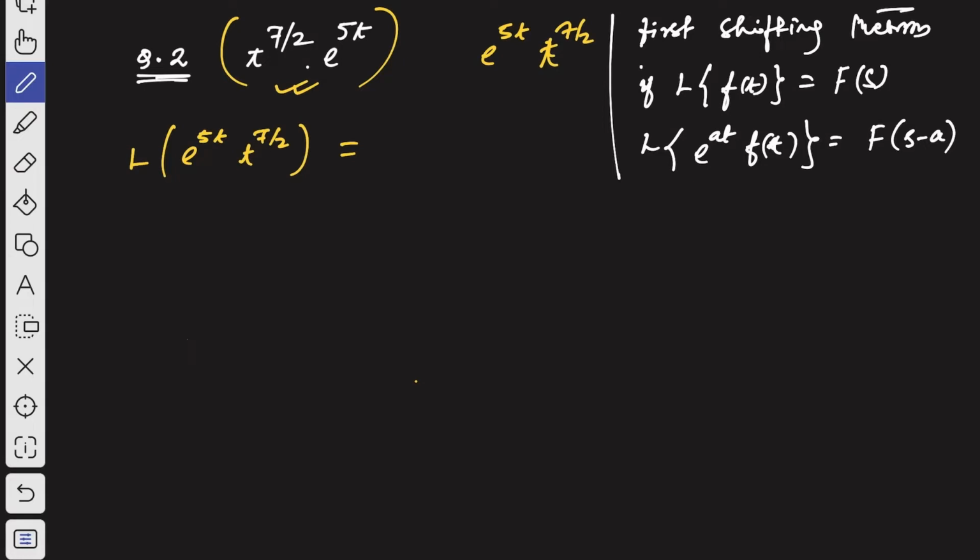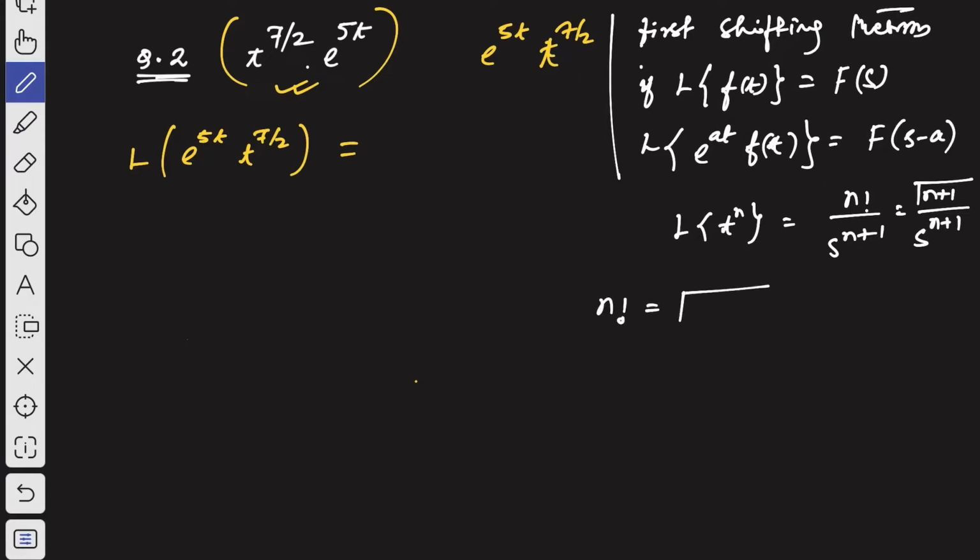And remember one more thing: the Laplace transformation of t to the power n is factorial n by s to the power n plus 1. This factorial n can also be written as gamma function of n plus 1 by s to the power n plus 1. Gamma function of n plus 1 can be written as n into gamma function of n.